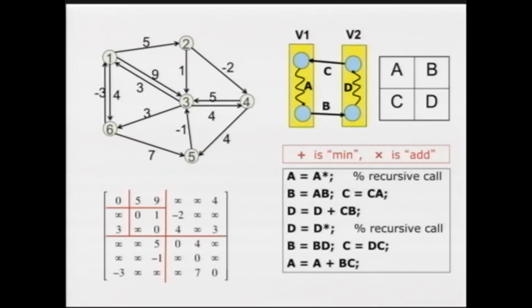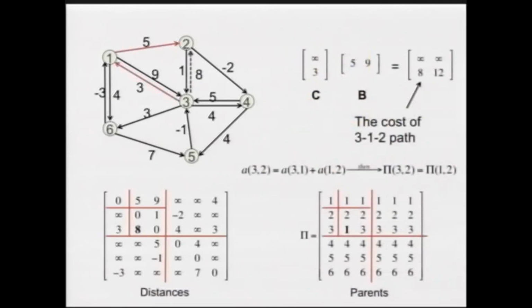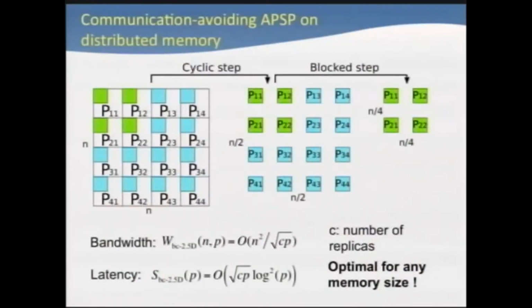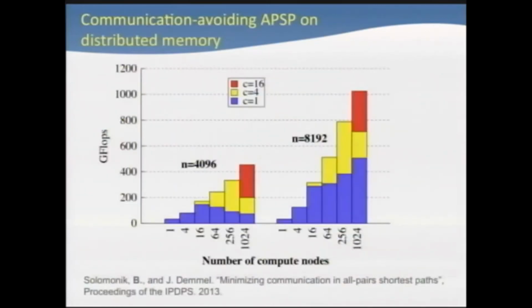What that means is you're overloading the plus operation with minimum, and you're overloading the multiplications with additions. And by doing that, you're matching the algorithm to a very important and highly optimized primitive, matrix multiply, and you can come up with communication avoiding versions of that matrix multiply, and you'll get this performance.